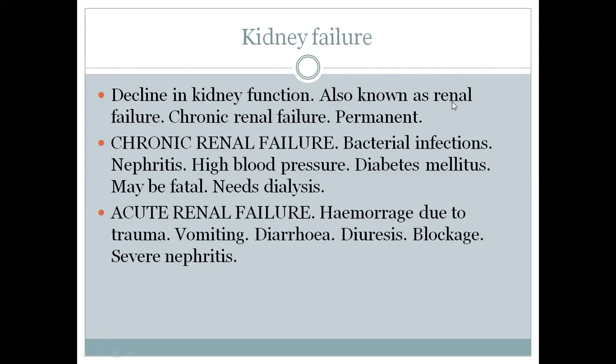It is also known as renal failure. Chronic kidney failure means a kidney failure that is for a very long time. When we say that a disease is chronic, it means that the disease has been with you for a very long time. When we say that the disease is acute, then it means that the disease has not been with you for a very long time.